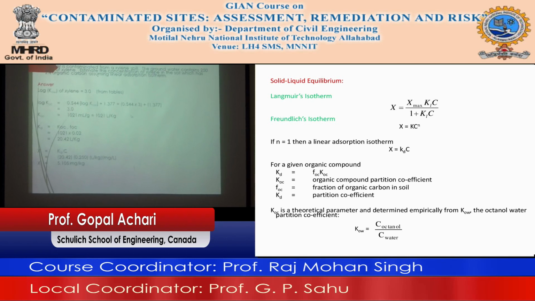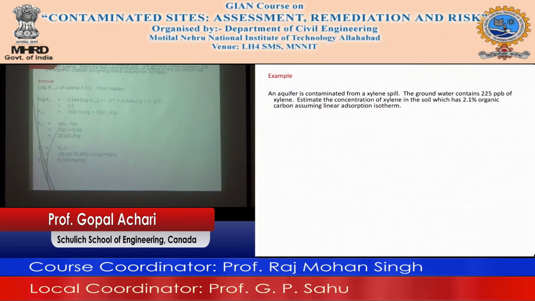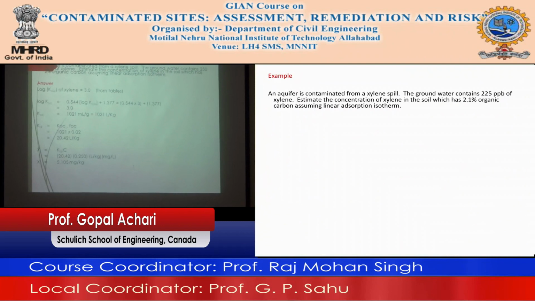This is another example that will illustrate what I'm saying. An aquifer is contaminated from a xylene spill. The groundwater contains 250 parts per billion of xylene. Estimate the concentration of xylene in the soil, which has 2% organic carbon, assuming a linear adsorption isotherm. Log KOW of xylene is 3, I got it from tables.